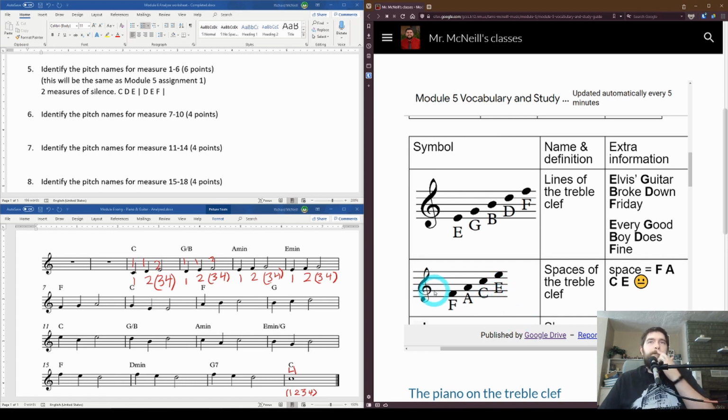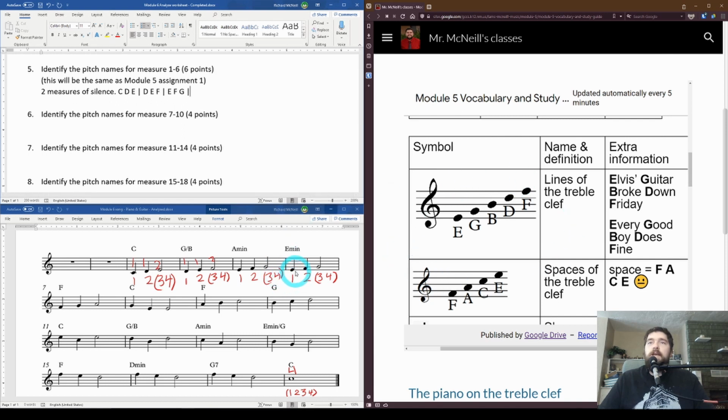Here we have the bottom line of the staff, line 1, which is Elvis, E. Space 2 is the first letter of FACE. The second line is Elvis's guitar, G. This goes along with my memorized lines and spaces of the treble clef.